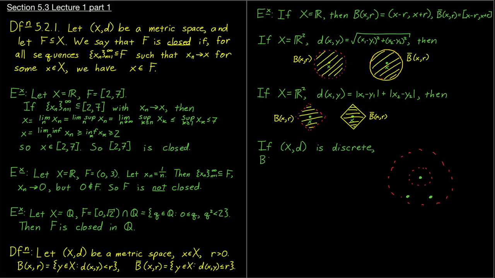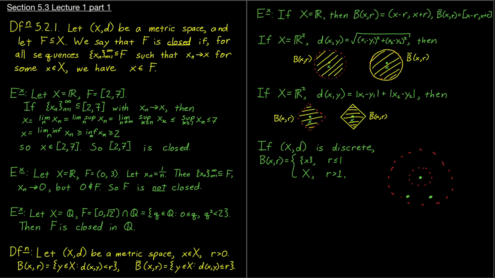So the open ball centered at x of radius r is going to be just the set containing x, or it's going to be the whole space. It's just the set containing x if r is less than or equal to 1, and it's the whole space if your radius is bigger than 1.